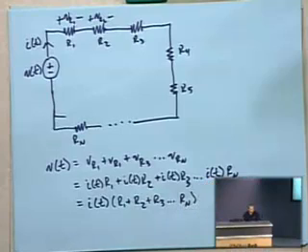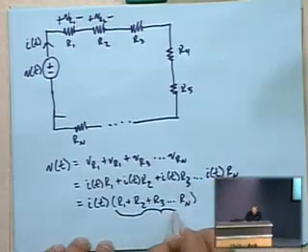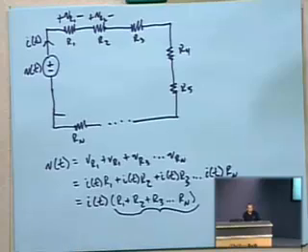And what this tells us is that we could replace all of those series resistors with a single resistance of the value of the sum of all of those resistances, and we would see the same behavior out of the circuit, and that's the important thing.